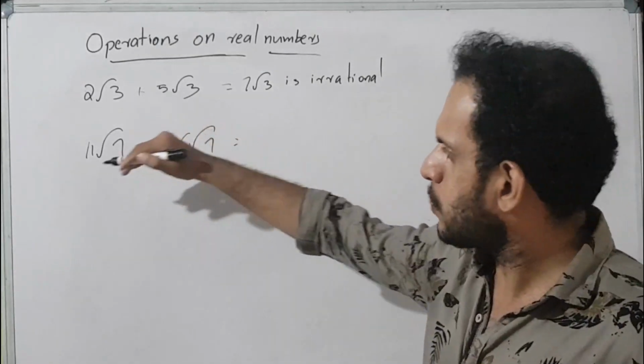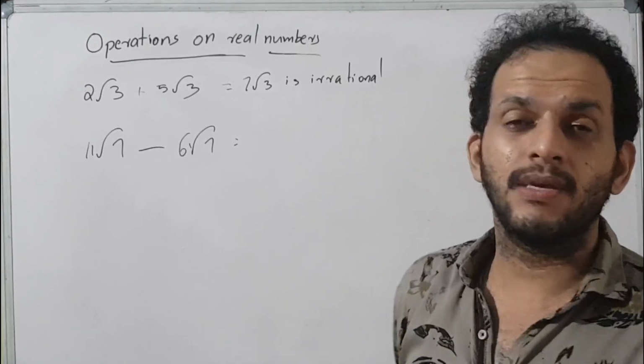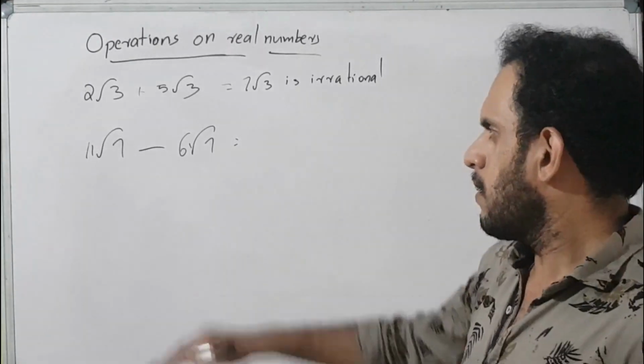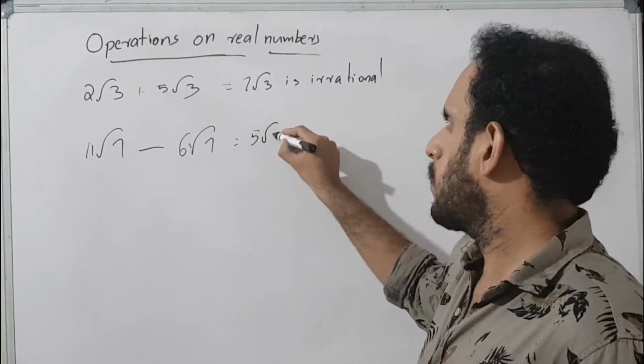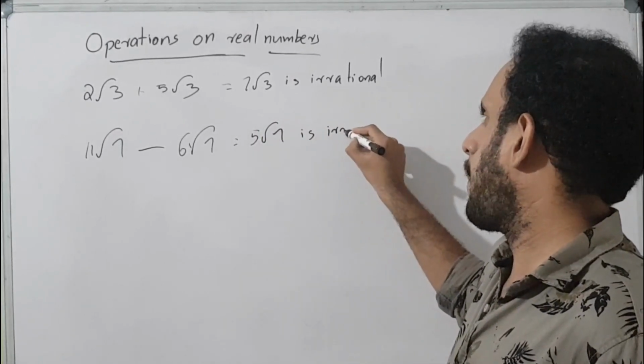Here we subtract the two irrationals, 11 root 7 and 6 root 7. They have the same irrational number root 7, and the result is 5 root 7, which is irrational.